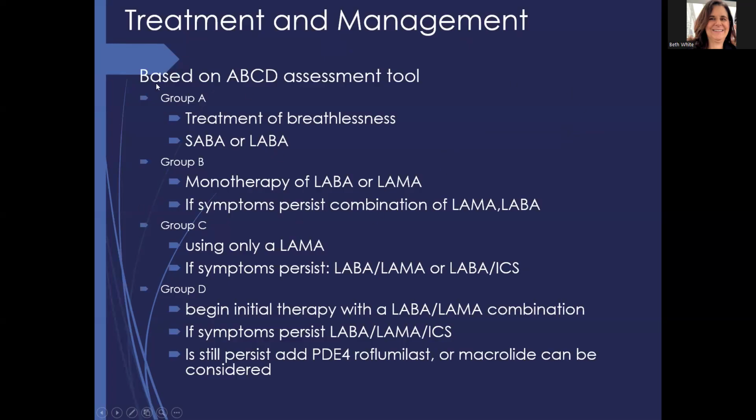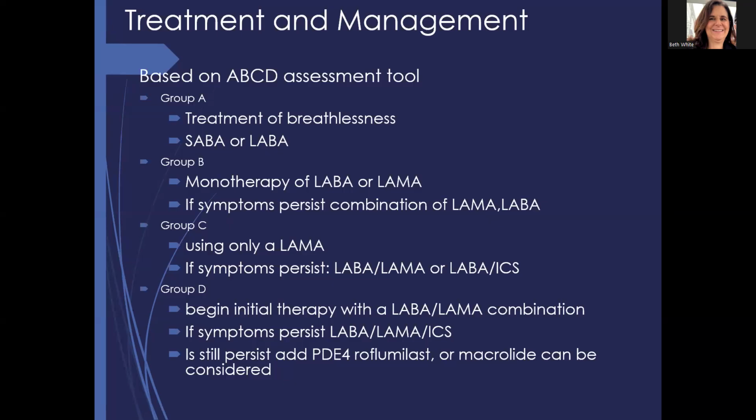So based on that ABCD assessment tool, the box, okay, group A, they really don't need much. They just need treatment of breathlessness, a short-acting beta agonist rescue inhaler or a long-acting beta agonist that they take once or twice a day. That's really all they need. Group B needs either a long-acting beta agonist or a long-acting muscarinic antagonist.